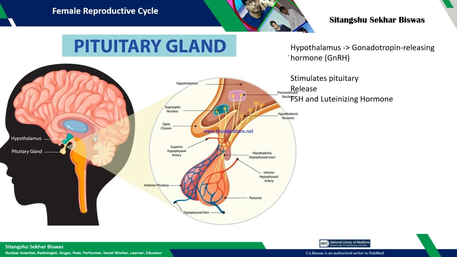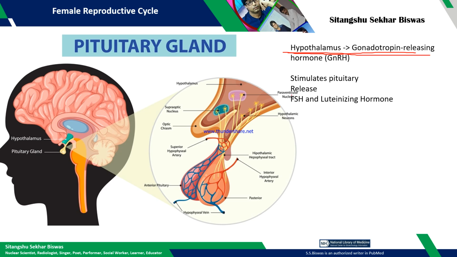So, the things start from our hypothalamus. It is triggered through the signaling chemical called gonadotropin releasing hormone, GnRH.